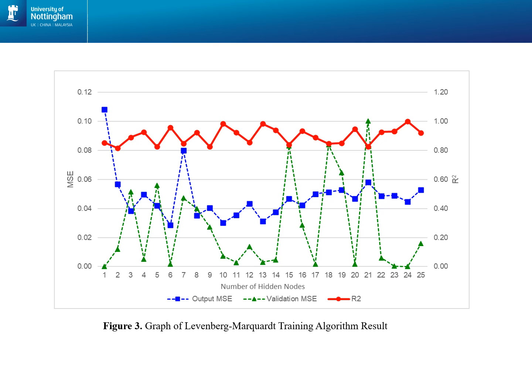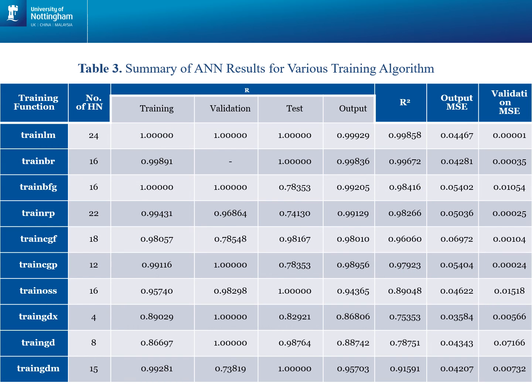So the R squared values that's shown in this particular figure shows that for a hidden neuron of 24, R squared value of 0.99858 is obtained, and lowest MSE value for validation and output data were obtained for the training algorithm Levenberg-Marquardt method of 0.04467 and 0.00001 respectively.